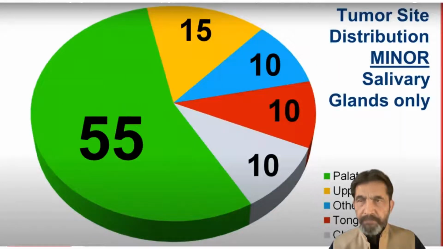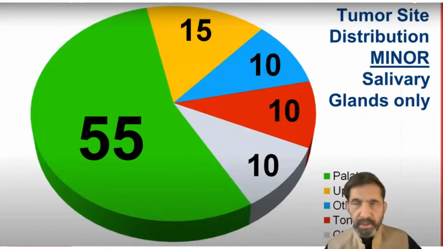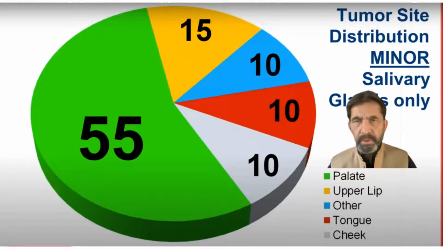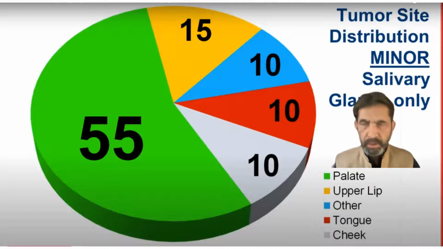And if you see the prevalence of the tumors in the minor salivary glands, again predominantly 55% are in the palate, 15% in the upper lip, and 10% each in other areas, tongue and cheeks.